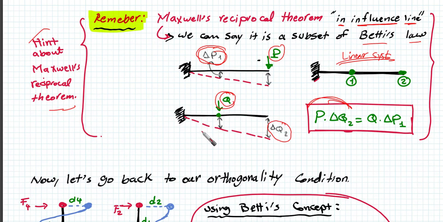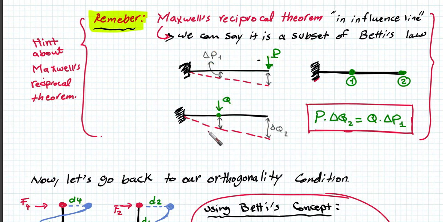This is what we call Maxwell's reciprocal theorem, and it applies in structural analysis for the influence line. It is pretty similar to Bett's law. We can assume it as a subset of it, because they are similar in understanding. This is only for refreshing your memory regarding the influence line and Maxwell's reciprocal theorem.